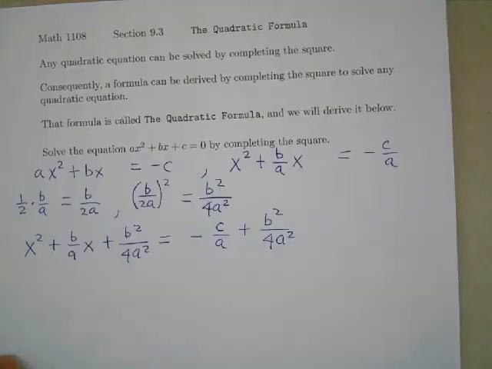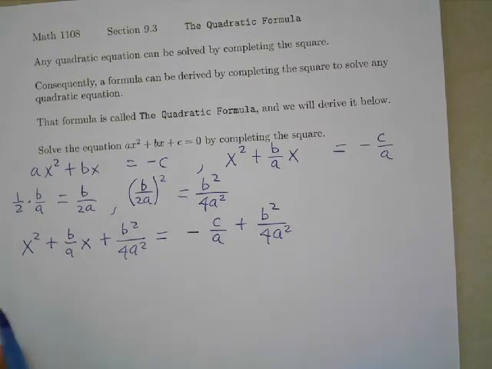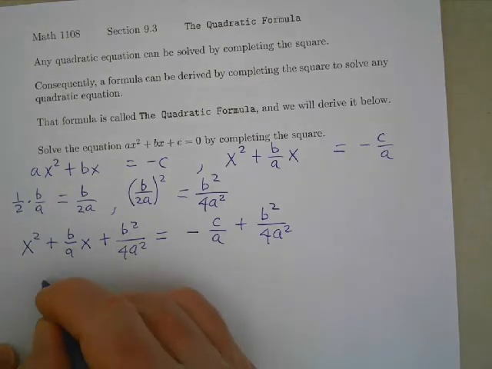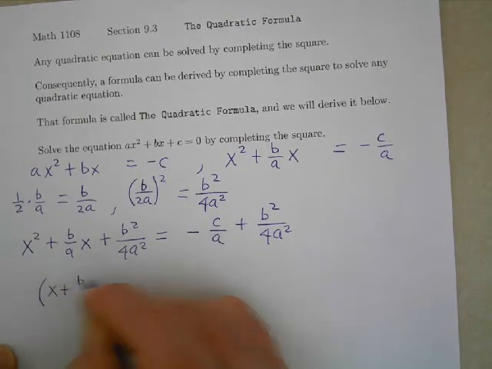The left-hand side is now a perfect square trinomial, and so we can write this as a binomial squared. The binomial is x plus b over 2a, and we square that.